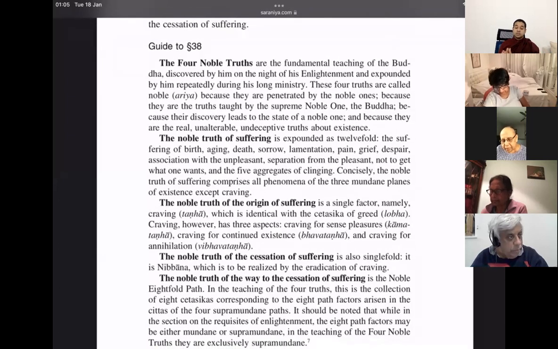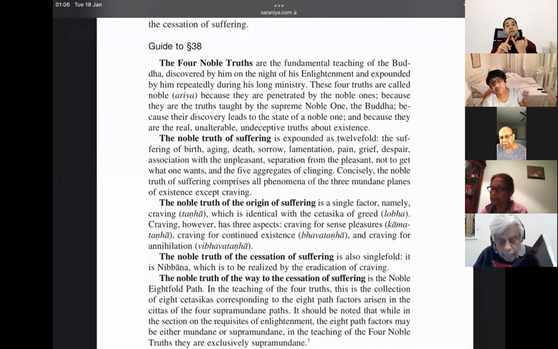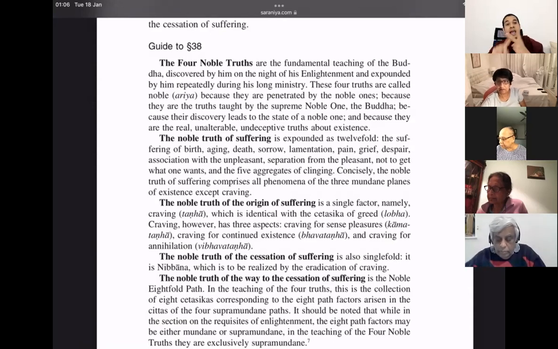The Four Noble Truths exclusively refer to the supramundane path, unlike the Eightfold Noble Path, which is defined in two ways, the mundane and the supramundane. When it comes to the noble truth of suffering, it is everything except nibbana, craving, and the 8 chetasikas associated with enlightenment.